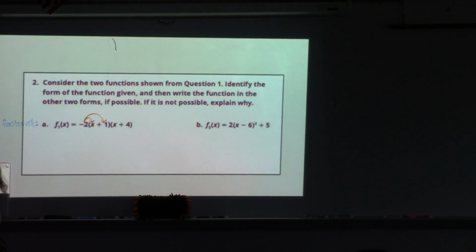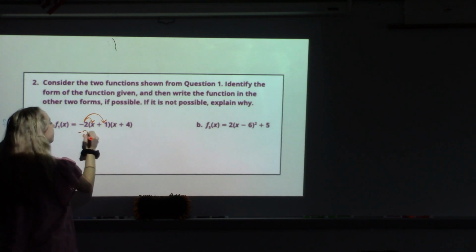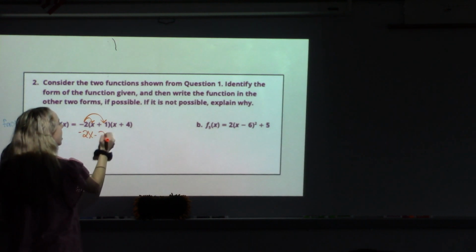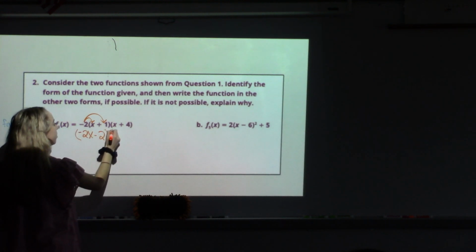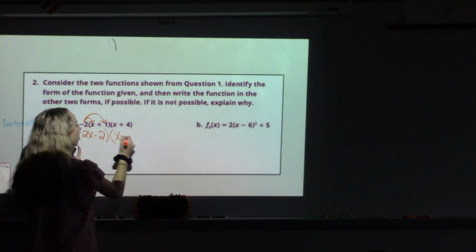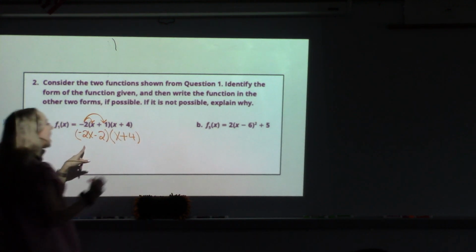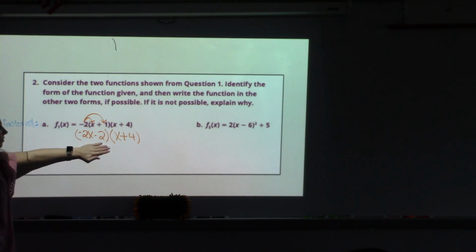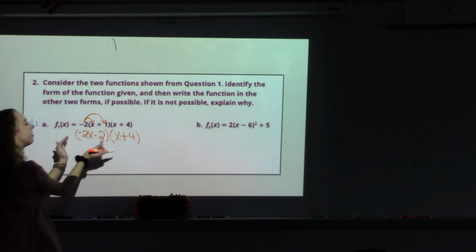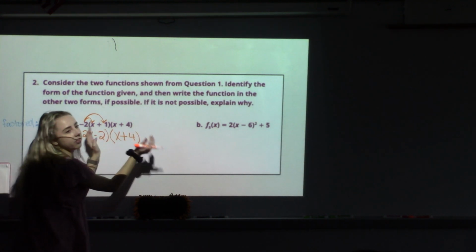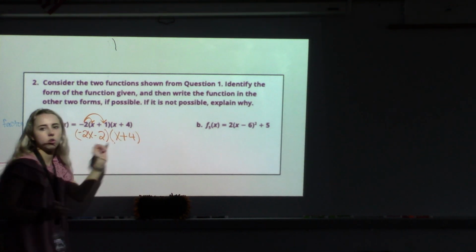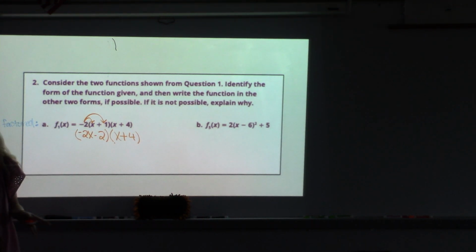So what would that give me? Negative 2x minus 2, right? Okay, so now I can multiply everything that's in this parentheses times everything that's inside of this parentheses. Do y'all remember that from algebra 1?